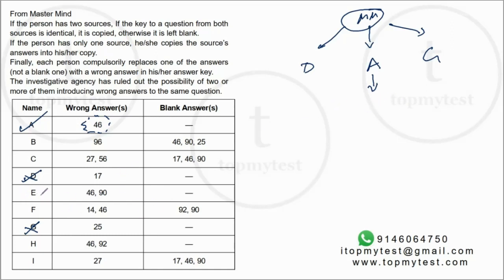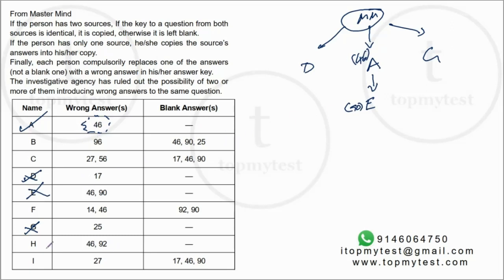So if you observe, E is that person. E took from A, copied everything, even the wrong answer 46, and marked 90 as his wrong answer. So E took from A, E introduced 90, A introduced 46. Okay, so I've taken care of E.